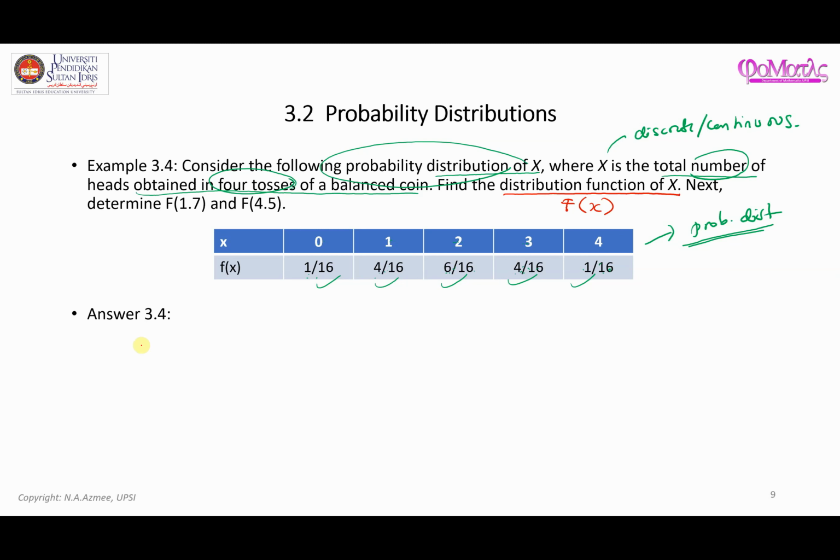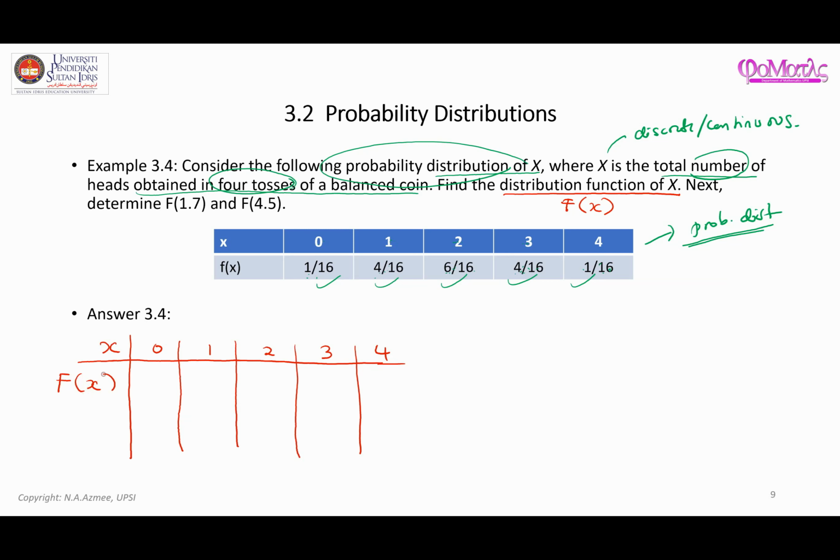We have x with values 0, 1, 2, 3, 4, and then for this row we have big F.